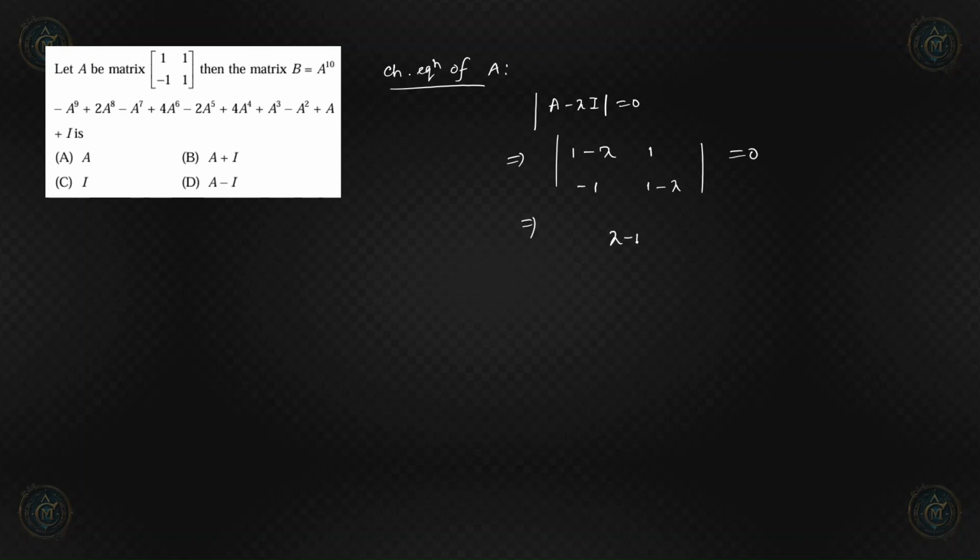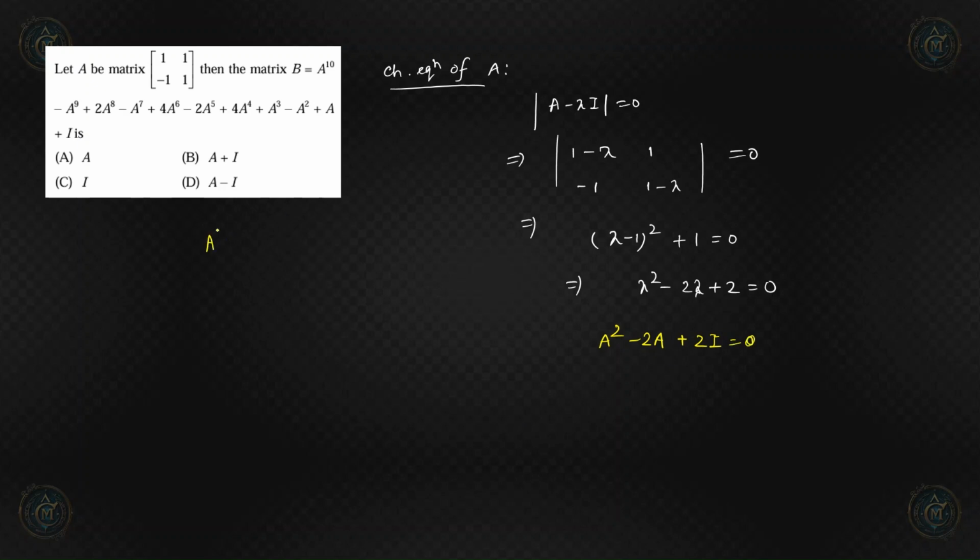That means lambda minus 1 whole square plus 1 should be equal to 0. So lambda square minus 2 lambda plus 2 should be equal to 0. So we can say by Cayley-Hamilton theorem, A square minus 2A plus 2I should be equal to null matrix.